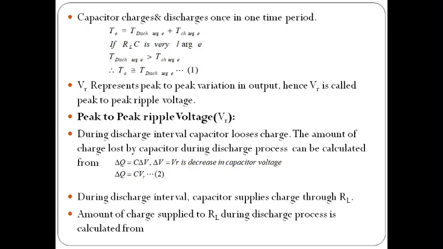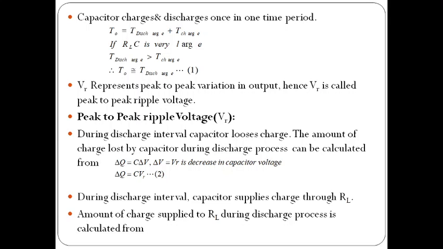Here I am representing the peak to peak variation in the output. So I am calling this VR the peak to peak ripple voltage. During the discharge interval, the capacitor loses charge.